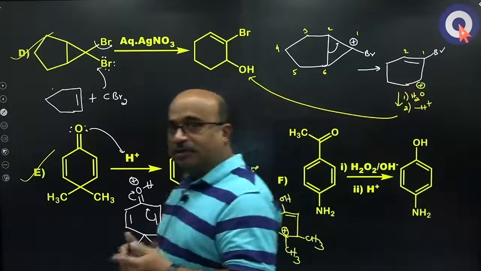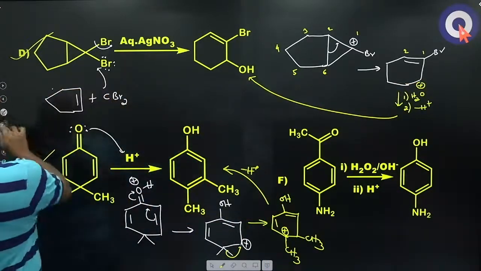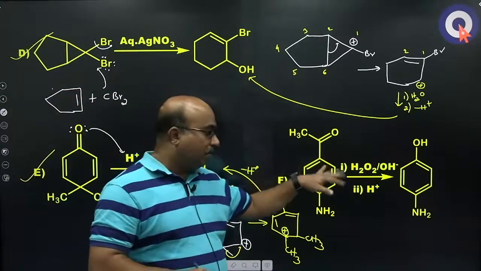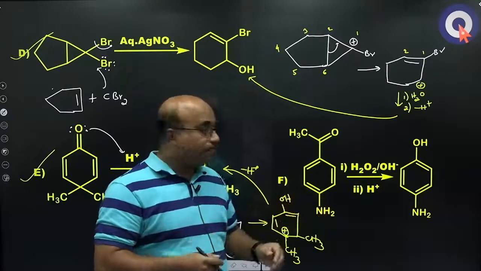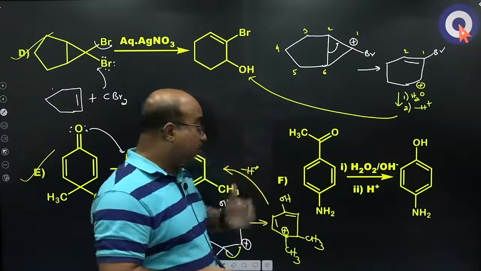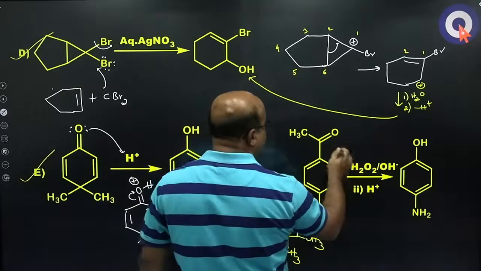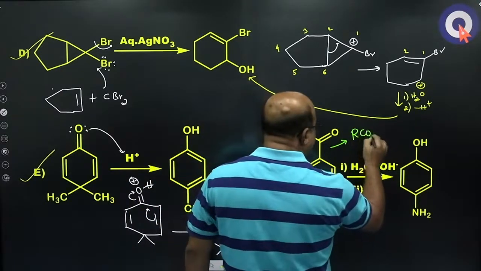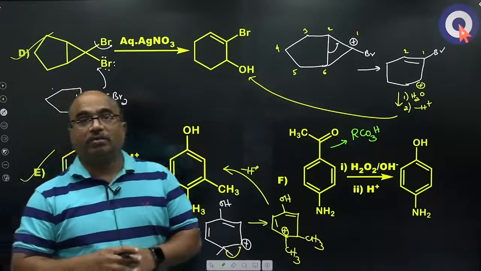Now coming to the next one, which is given here, that is F. We had a reaction: this is a ketone with an amine group, NH2, on the ring, treated with peroxide. But when you see a reaction with peroxy acids, that is RCO3H, instead of hydrogen peroxide, what do we see?